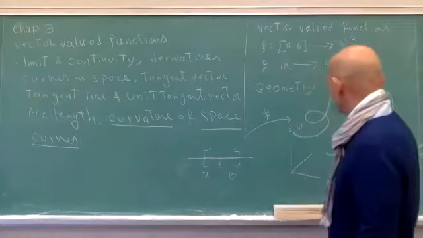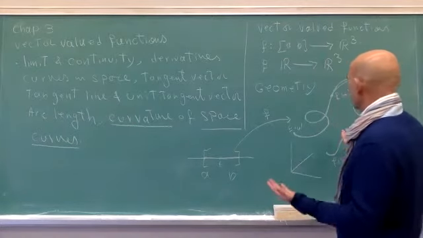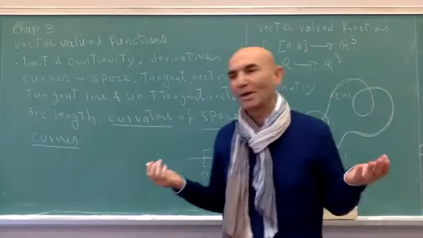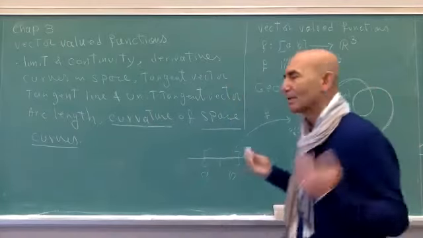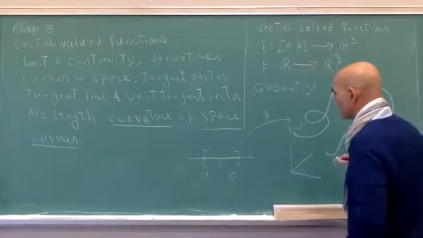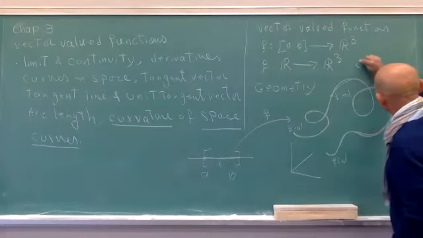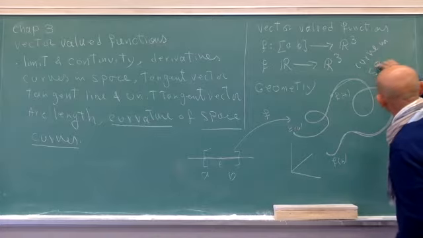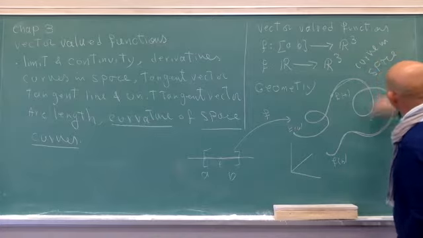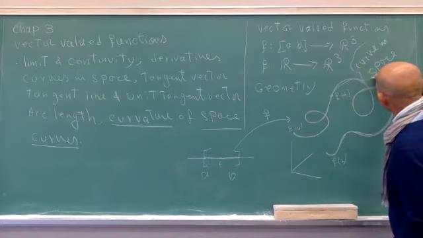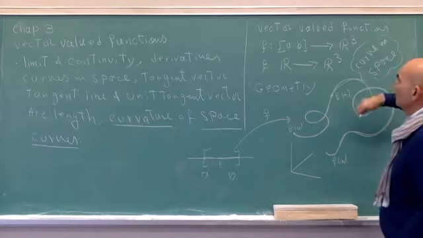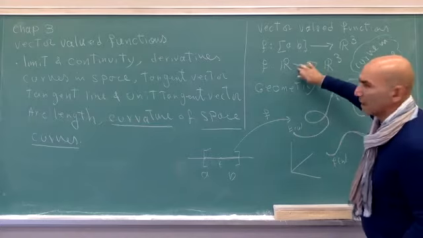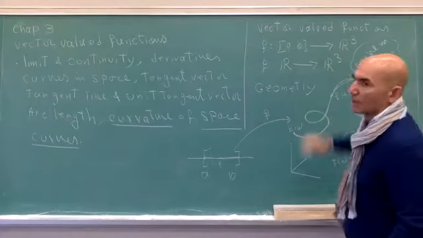So geometrically, we can say that such a thing is really just a curve in space. Okay, so this concept is important. We have the notion of curve in space, which is geometrically this, but in terms of notation, is this one.